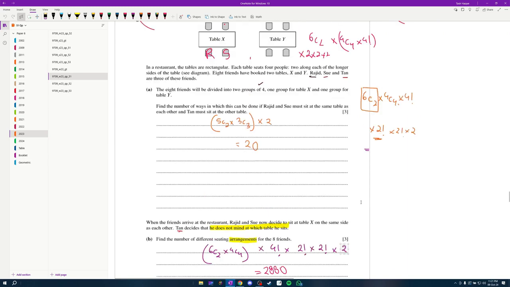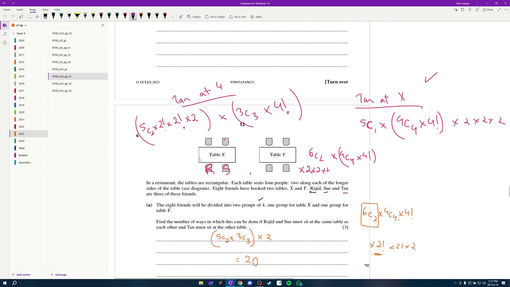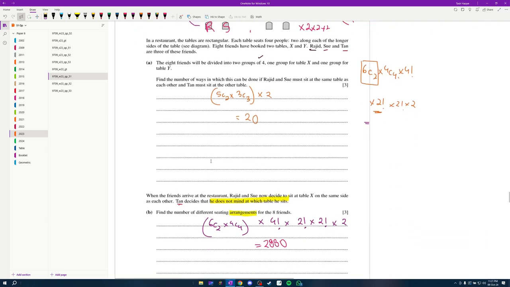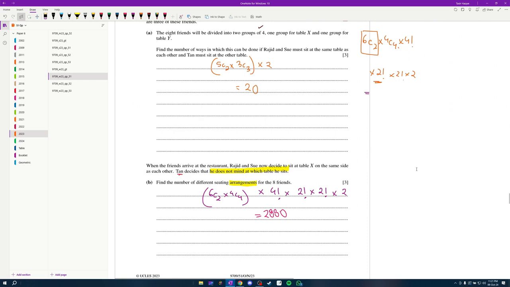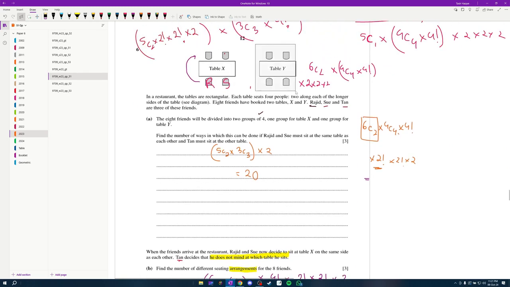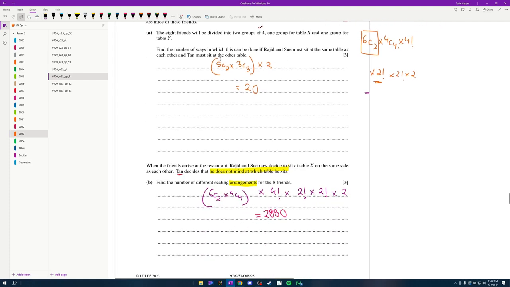And what about this 2? This is because Rajid and Sue can also sit on the other side of the table. So that's the basic idea. So 6C2 times 4C4 times 4 factorial for these guys, 2 factorial for these guys, 2 factorial for these guys, and times 2 because Rajid and Sue could also sit on this side, as long as it's the same side of the table, okay? Hopefully you guys understood.